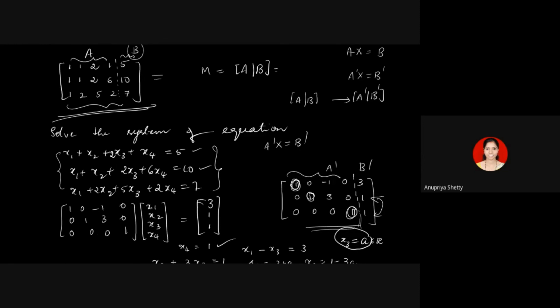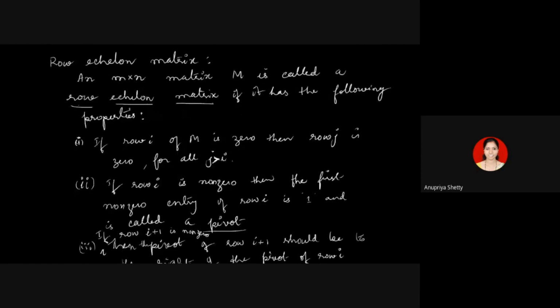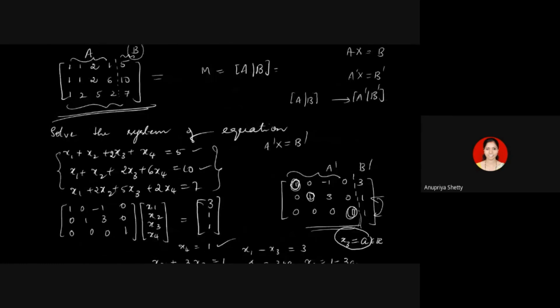Now, what is the solution to the system A' x equal to B'? The first entry is 3 plus a, and then x2 is 1 minus 3a.